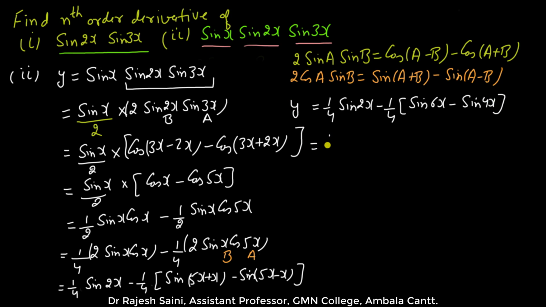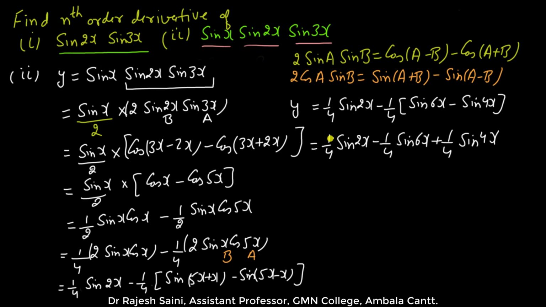This is further equal to 1 by 4 sine 2x minus 1 by 4 sine 6x, minus minus is plus, 1 by 4 sine 4x.